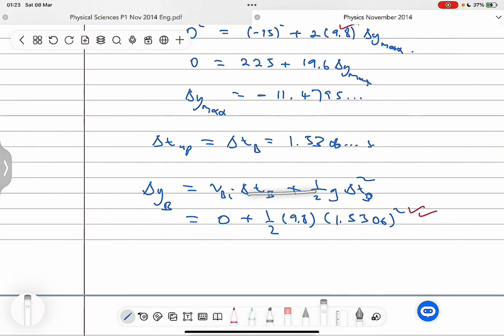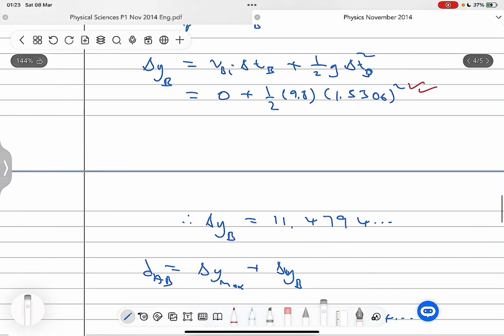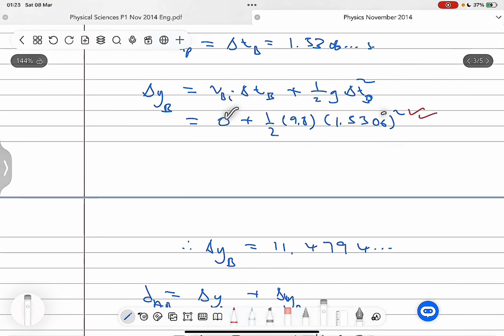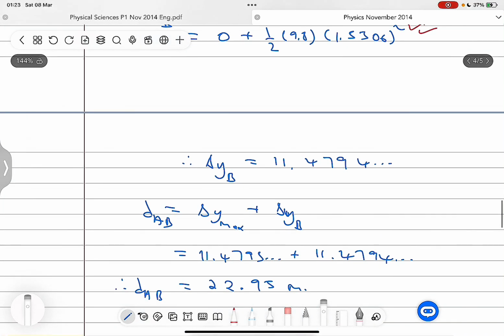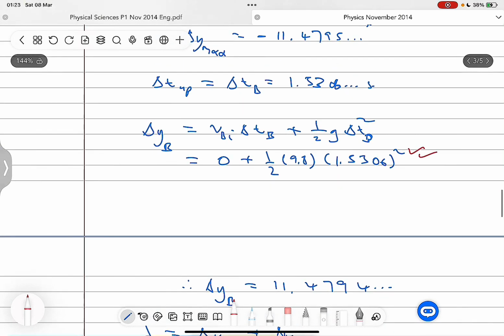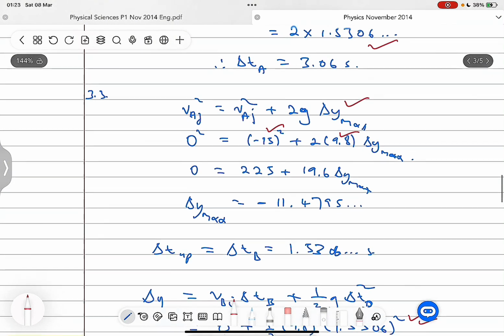So it's either they mark 1 mark for this and 1 mark for substitution, or they mark 0 here and 1 mark for that. Either way, it's worth 2 marks, that one. And the last 2 marks will actually come from building this equation and substituting correctly and finding the final answer. That should be 1, 2, 3, 4, 5, 6, 7.